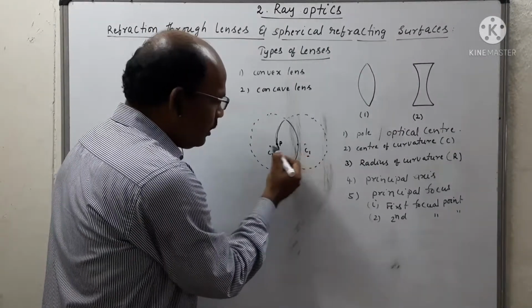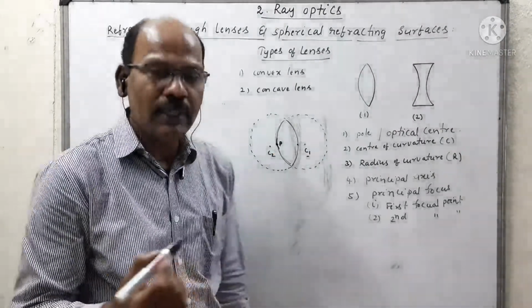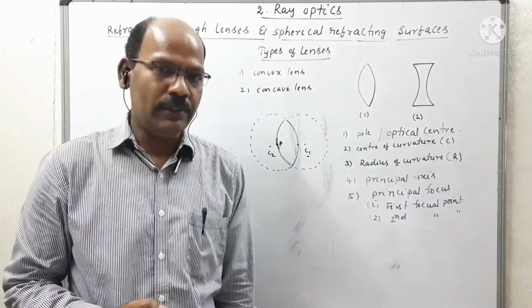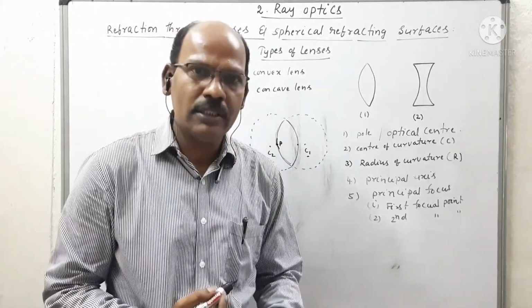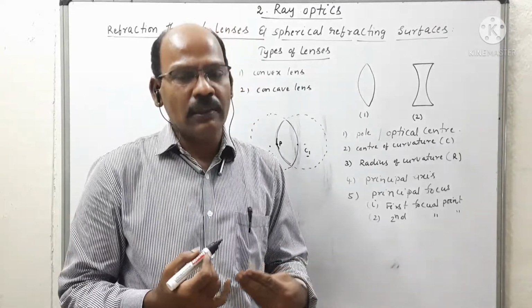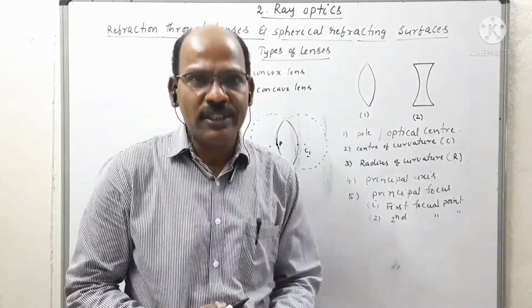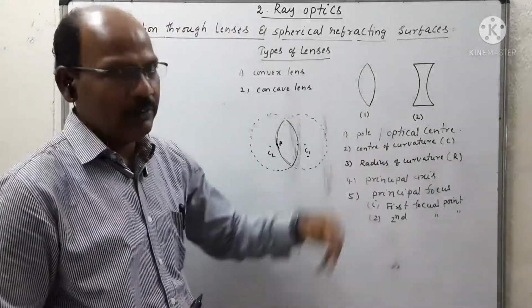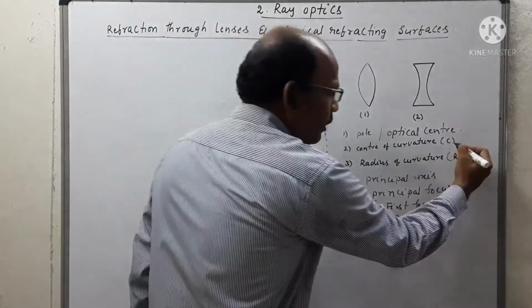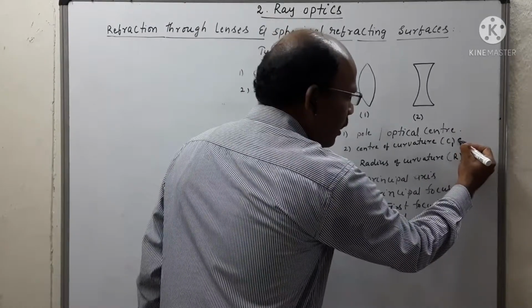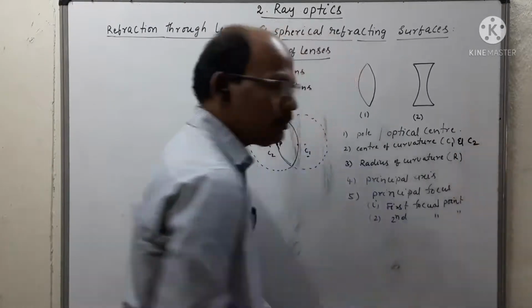Similarly, C2 is the center of curvature of the second refracting surface. What is center of curvature? The center of the sphere of which the refracting surface forms a part is called center of curvature. Generally, a lens has two refracting surfaces, and we can represent them as C1 and C2.